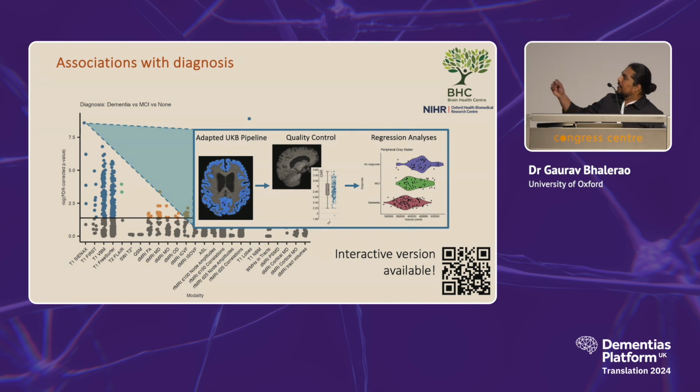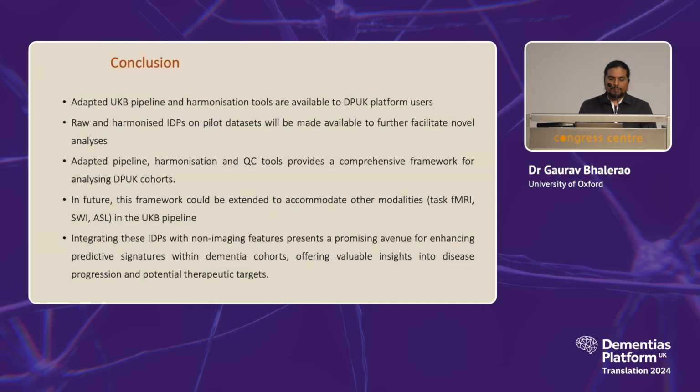Each dot has been calculated from the adapted pipeline, where the images go through rigorous quality control, and then one can do this kind of analysis. We can now do such analysis on the DPUK platform with more data, because DPUK offers access to lots of different datasets.